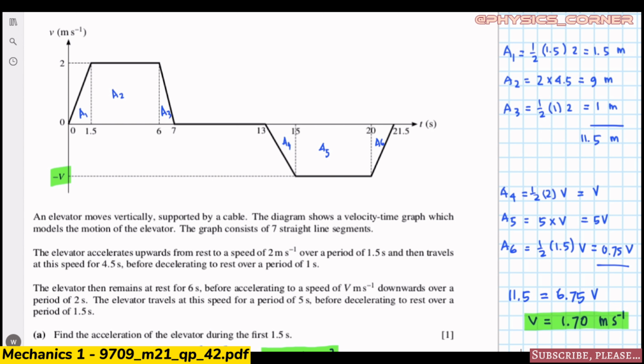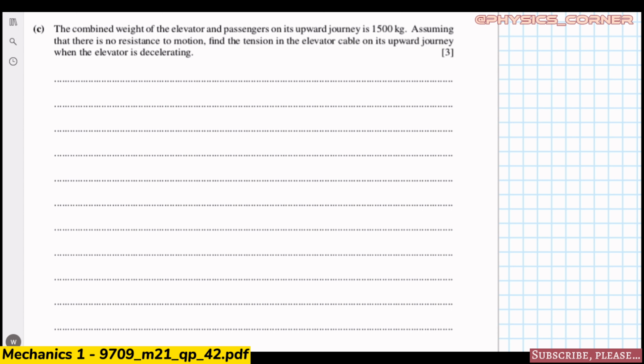I think we need to find the acceleration first for the upward journey. Upward decelerating: they have weight mg, and they have tension T, and decelerating means negative acceleration.